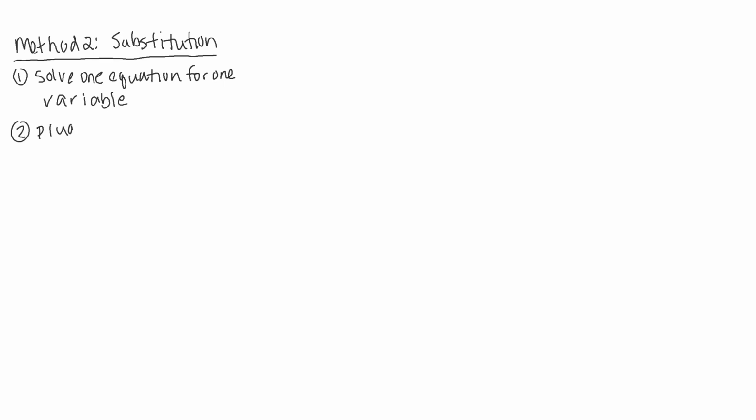You then plug the result from step 1 into the other equation, and you want to solve. What this does is, when you solve the first equation for one variable and plug that value into the second equation, it creates an equation that just has one type of variable, and we can solve it like we would have back in chapter 6.